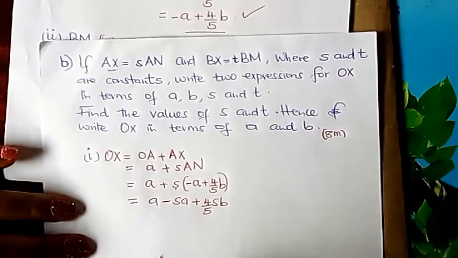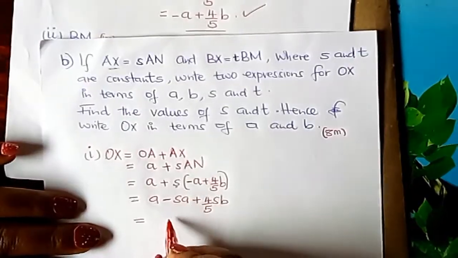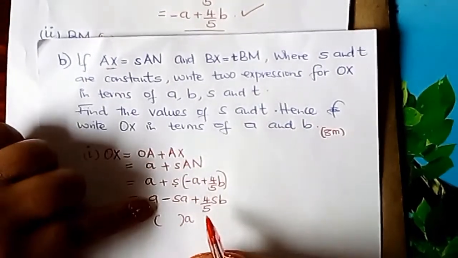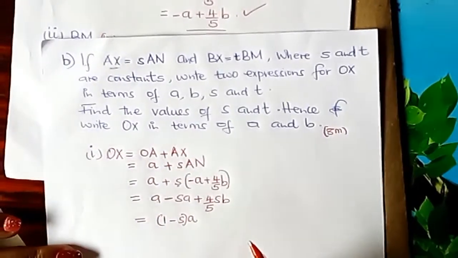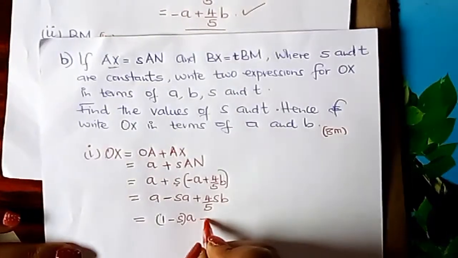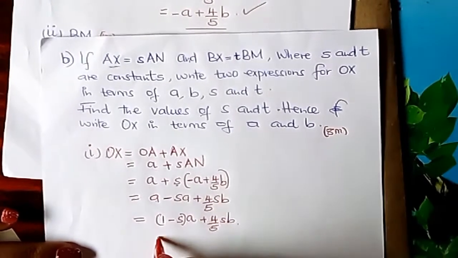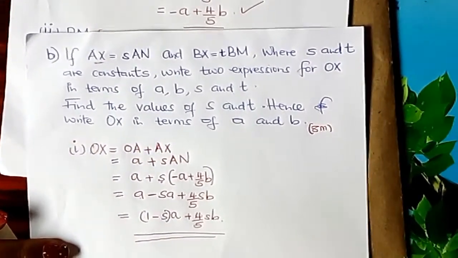So this gives you what, Lana? There is a and a here. If you factor a out, you will be left with 1 minus s, plus 4 over 5 sb. And that is one expression of OX.